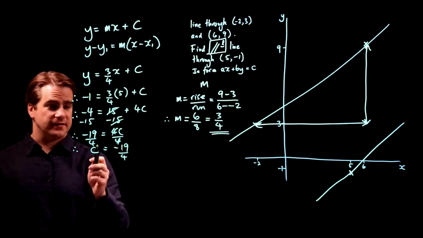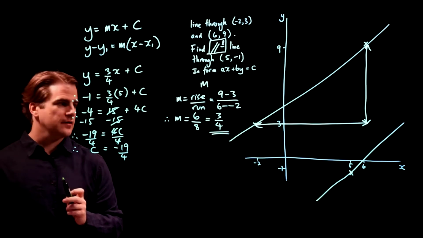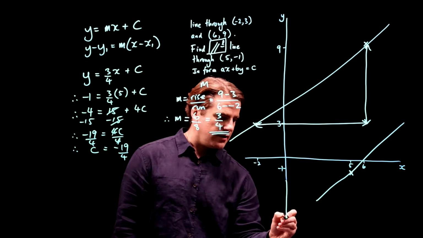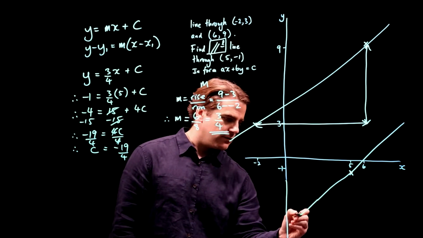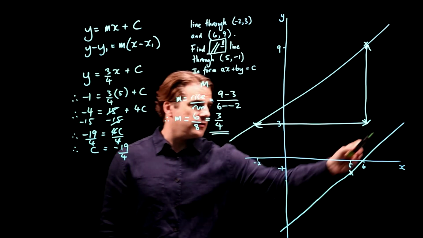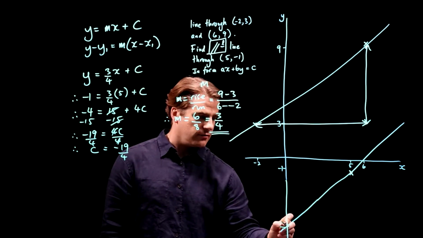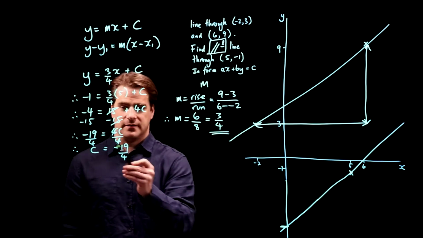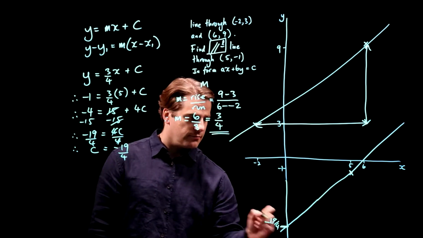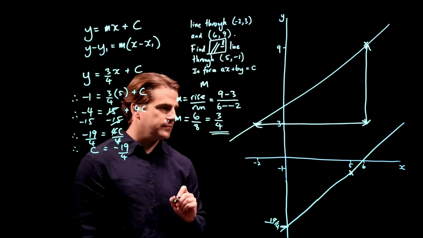I forgot to mention that c is the y-intercept. So if we just extend these lines here, we've now worked out that this new line will cross the y-axis, in other words, the y-intercept, at -19 over 4. Okay?